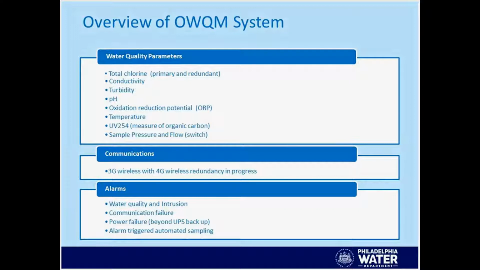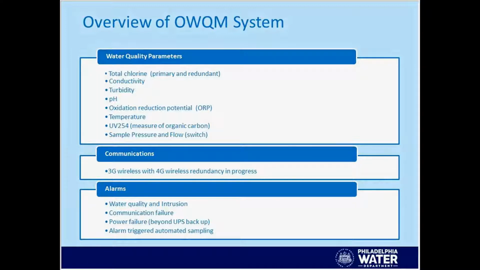If we see a change in that, we know something's in the water that shouldn't be there. Of course, temperature, and we use UV 254 as a surrogate for TOC. We also have sample pressure, and we have flow switches at our stations. We're not monitoring the amount of flow, we're just making sure that we have a flow indicator.